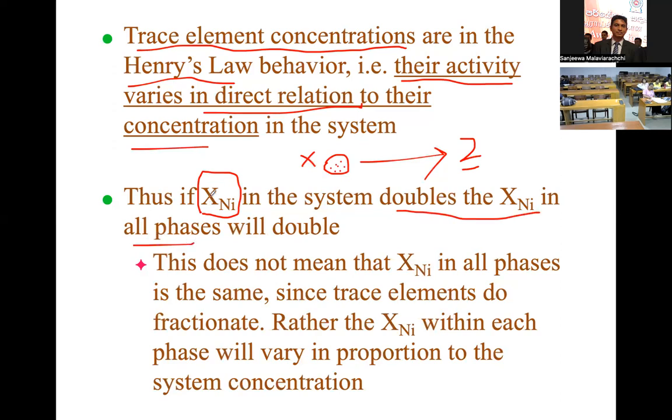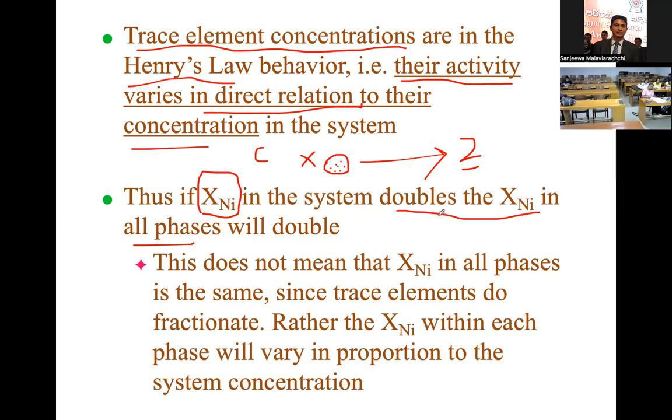Actually, this is not X amount, this is the concentration. Say C ppm of nickel was there in the system. X is the general term for the concentration. But due to some reason, maybe magma mixing, another magma came into the mantle and mixed with it and doubled the concentration of nickel.